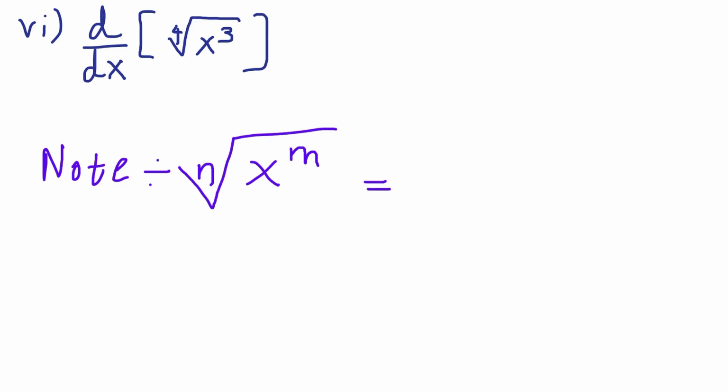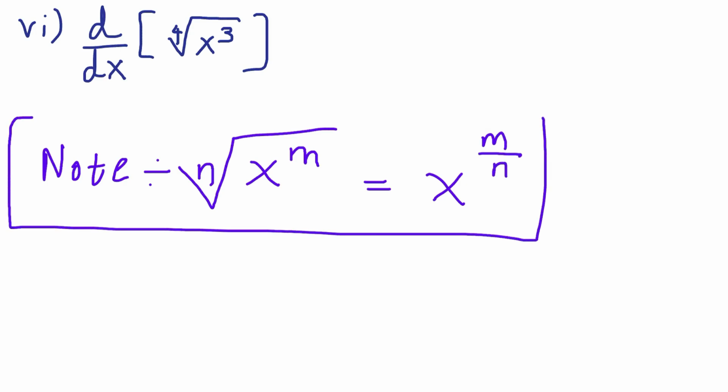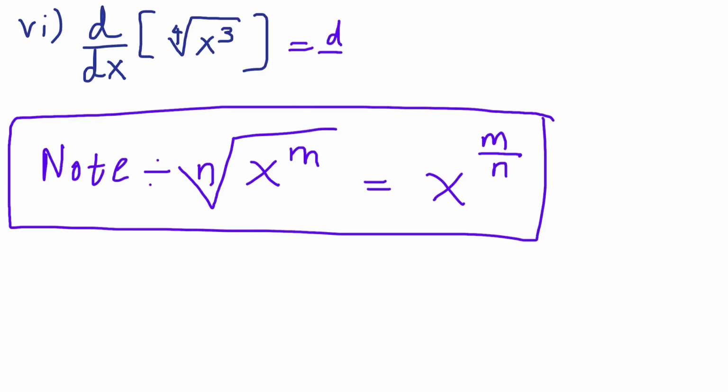So if we follow this notation, we can write down the derivative of the fourth root of x cubed as d over dx. Inside the bracket, we can write x to the power 3 over 4. Then apply the power rule. We get 3 over 4 times x to the power 3 over 4 minus 1.